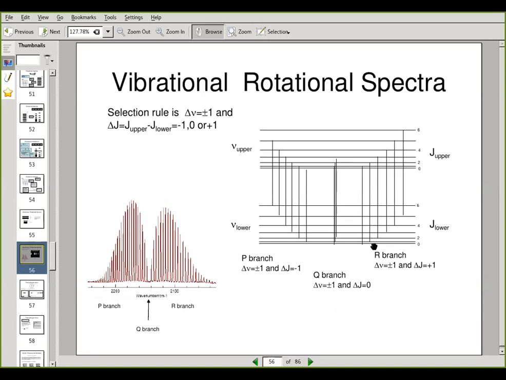And if you take the difference between level 0 and 2, it's always 6B. So if you are looking at the least energetic of the R branch and the most energetic of the P branch, at those two regions, it will be 6B.